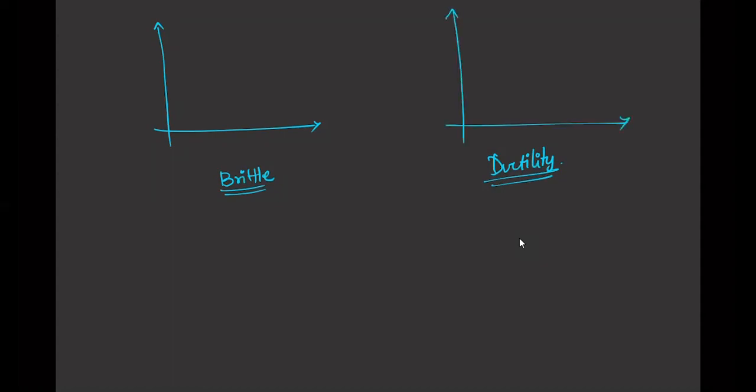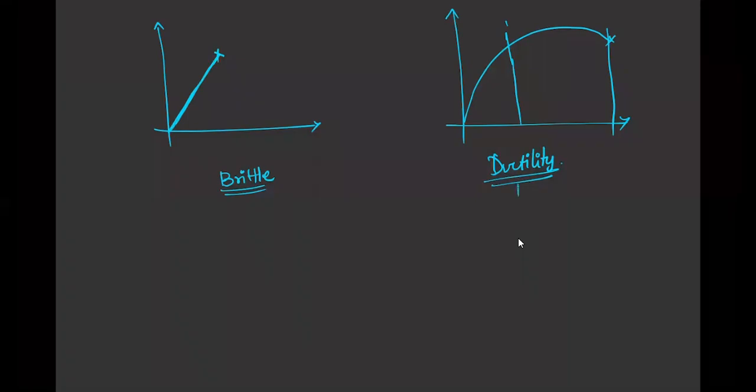A material is said to be ductile when it undergoes some plastic deformation before fracture. We just saw the curve, right? Before fracture, this is my yield point, this is my plastic strain. That means there is some permanent shape change, permanent deformation. Whereas in brittle, without any plastic deformation, it fails here itself in its elastic limit.